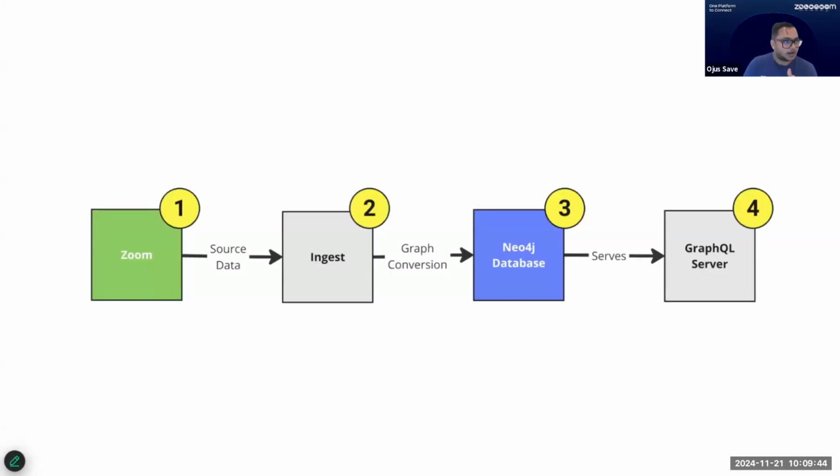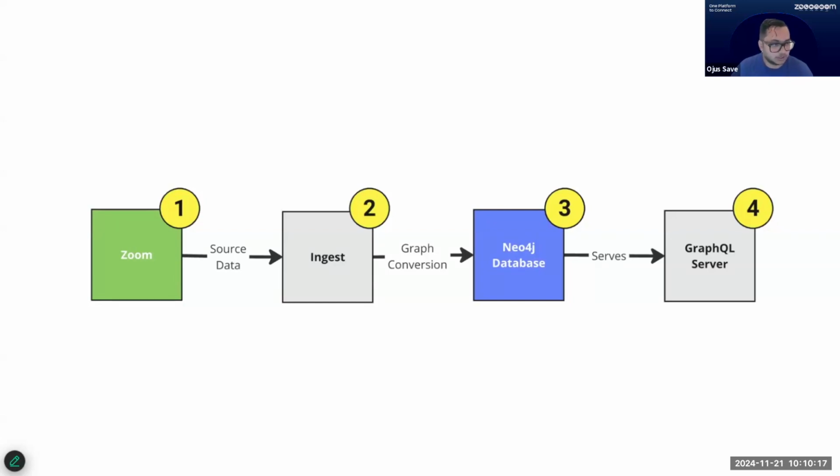So this is what our architecture actually looked like. Essentially, we queried every single user that I had in my account. For every single user, I got their meetings, their recordings, their meeting summaries, their past participants, etc. And we then ingested it into a Neo4j database, and that ended up serving as a GraphQL server.